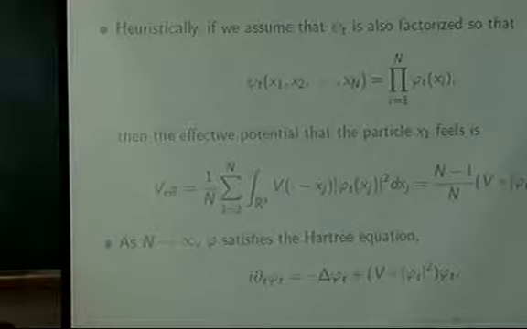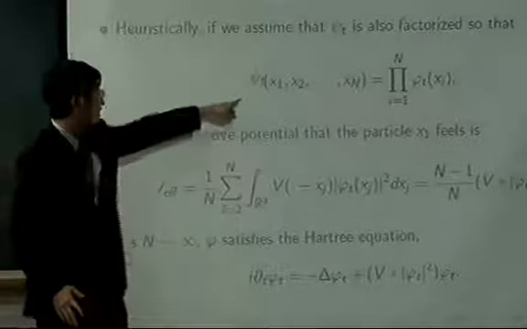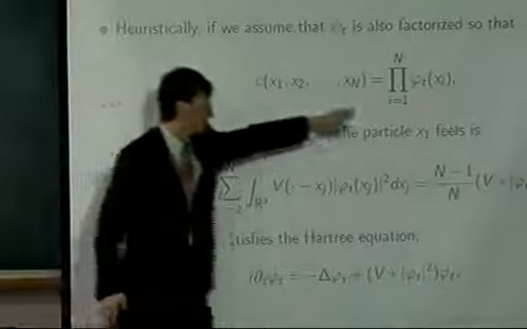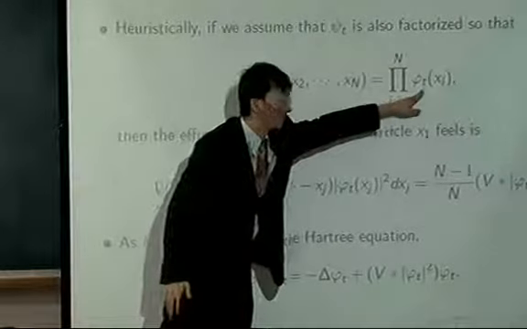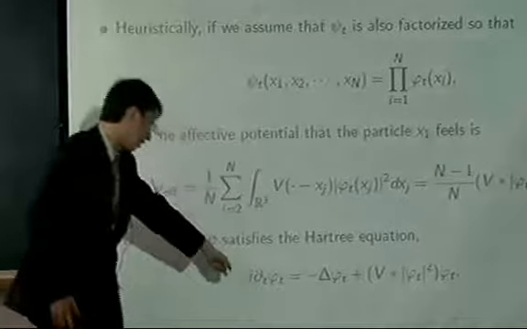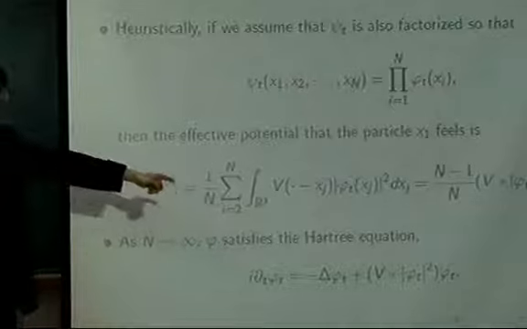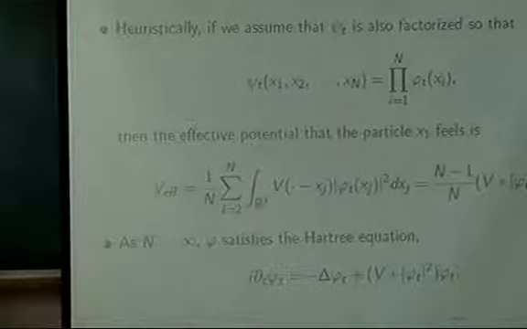Physicists have an answer. The answer is that this psi t is almost like the product of phi t, and this phi t satisfies this equation: i partial t phi t equals minus Laplacian phi t plus V convolution |phi t|^2 times phi t. This is not a linear equation, but a nonlinear equation.